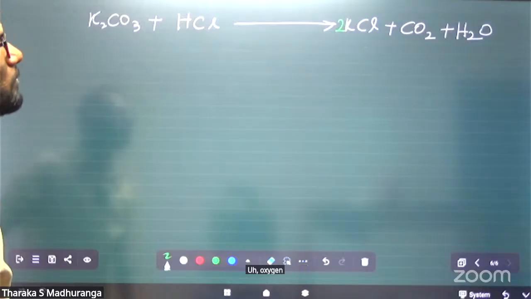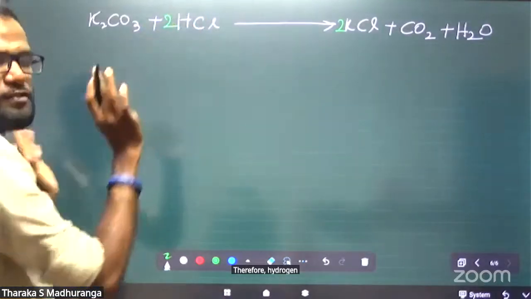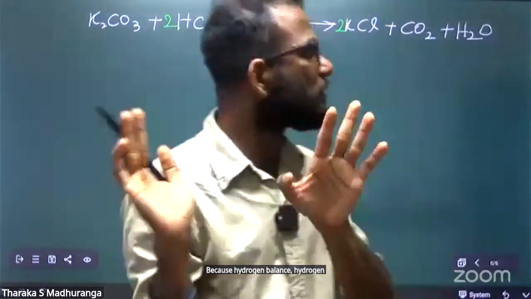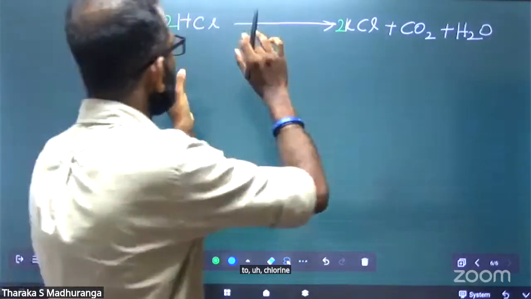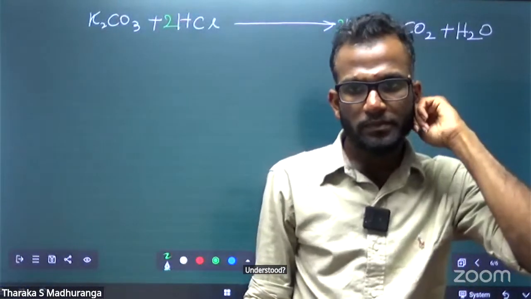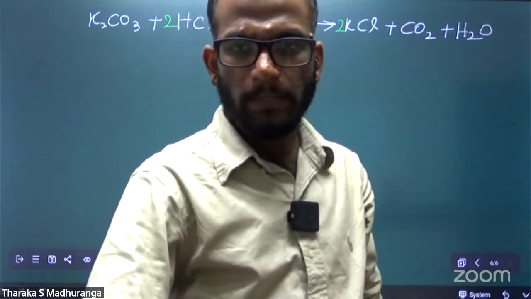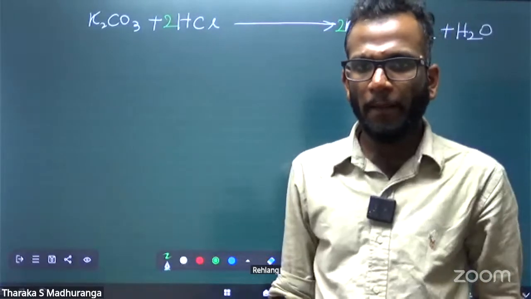Oxygen 3, okay. Chlorine 2, therefore hydrogen 2, now it is balanced, right? Because hydrogen 2, hydrogen 2, chlorine 2, chlorine 2. Understood? Correct?